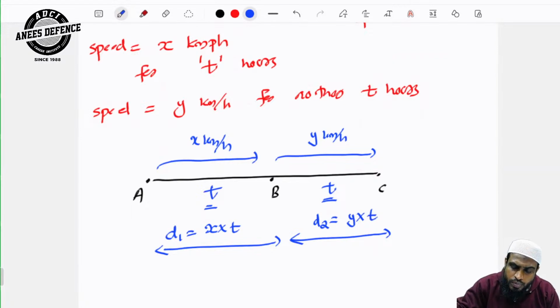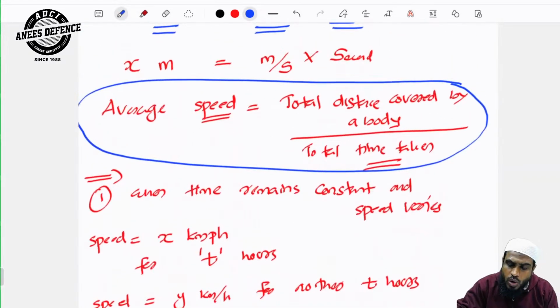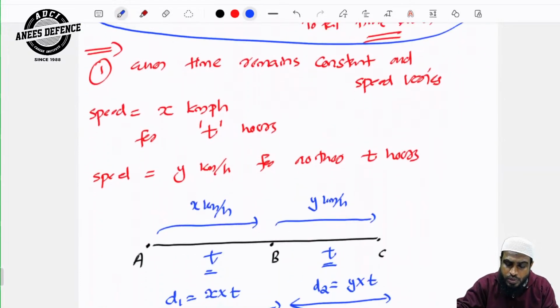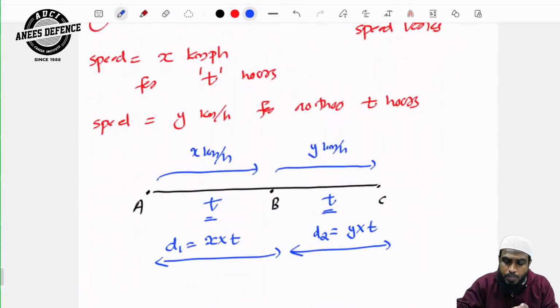So what is the formula for average speed? Total distance covered by a body by total time taken. Total distance will be d1 plus d2 and the total time is t plus t.